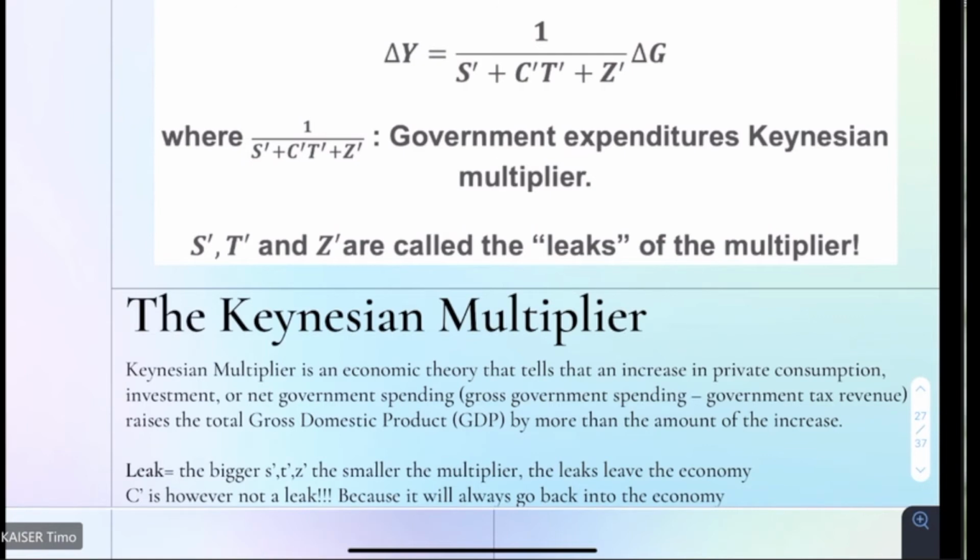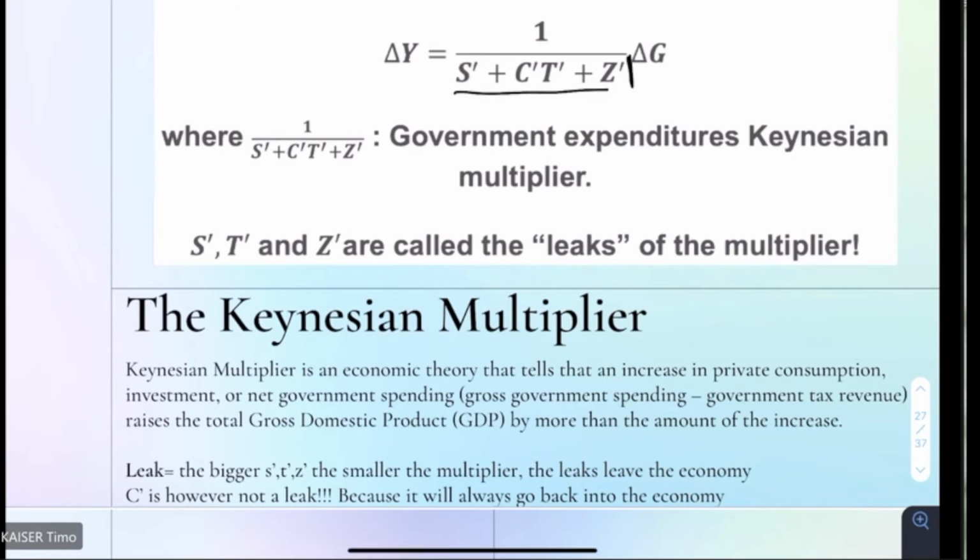However, here you have the theory about the Keynesian multiplier, about leaks. Leaks are S, T, and Z, and they are leaks because they decrease the multiplier. As you can see, they are written down here. If you have them in here, they will increase the bottom half.